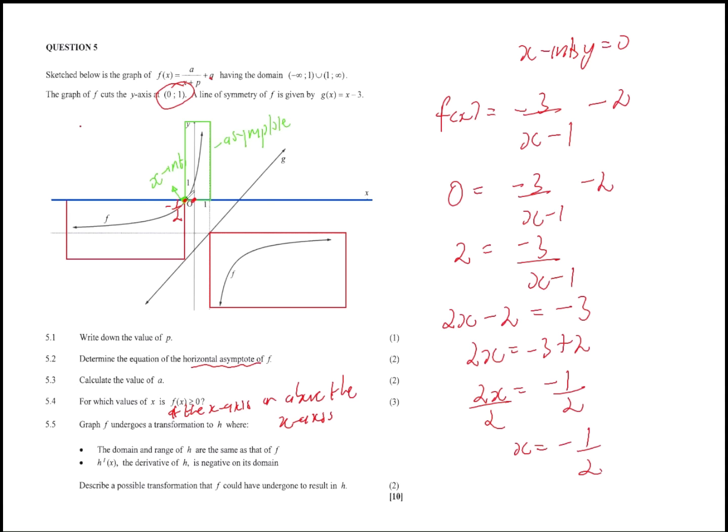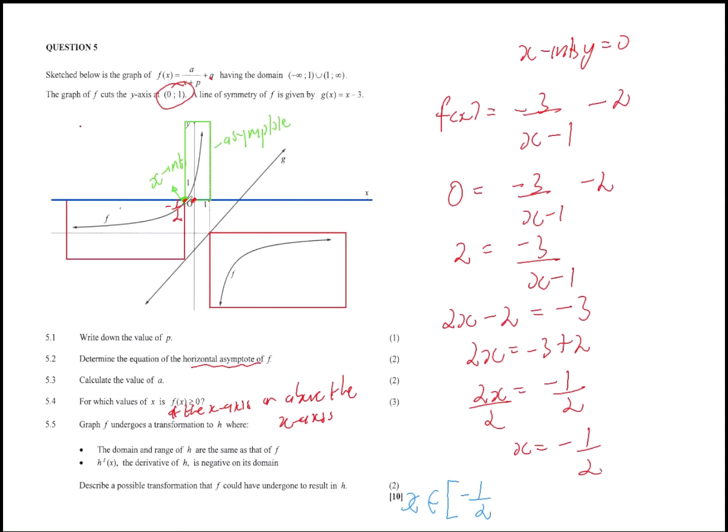Now, we said it's between this point and +1, but not touching +1. So the way we should be writing our answer is to say x is an element of, square bracket, -half. Why are we including the -half? Because at that point, it is exactly at the x-axis. Remember, we said the interpretation of this is that it must be at the x-axis or above the x-axis.